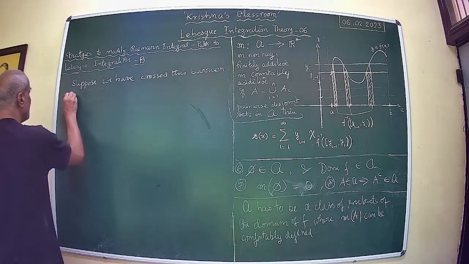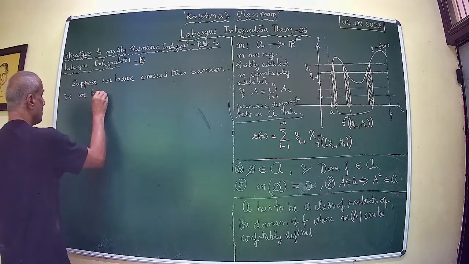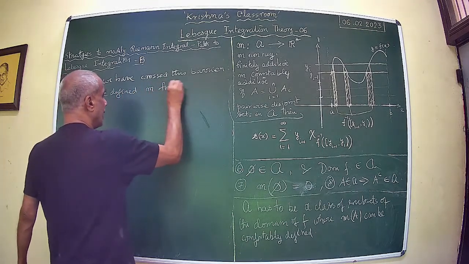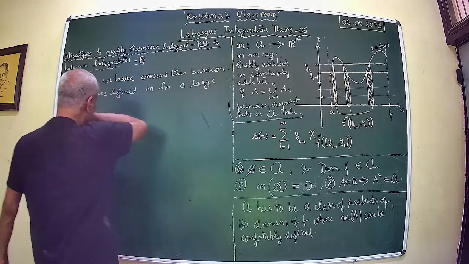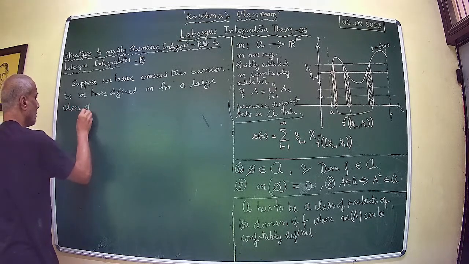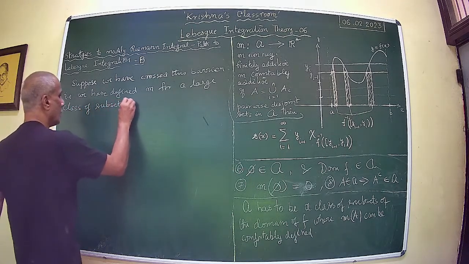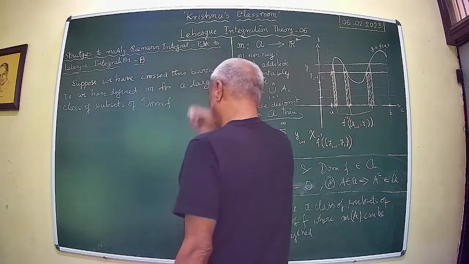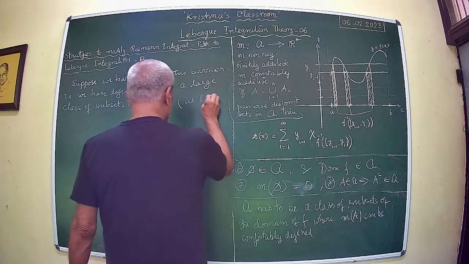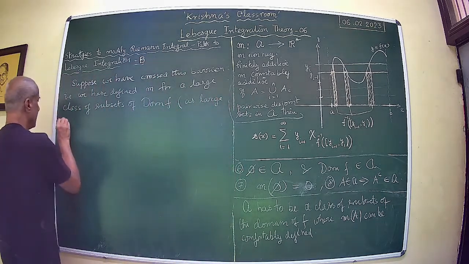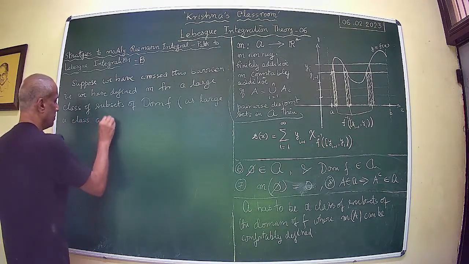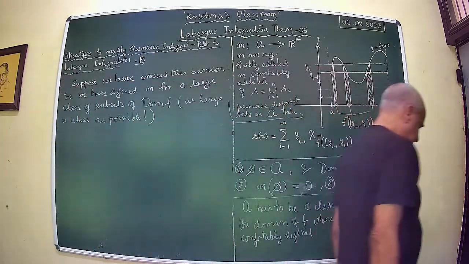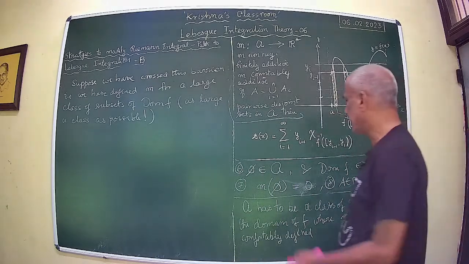That is, we have defined the measure m for as large a class of subsets of the domain of f as possible, satisfying all these requirements. Then what can you do?